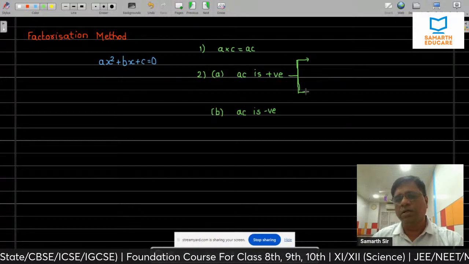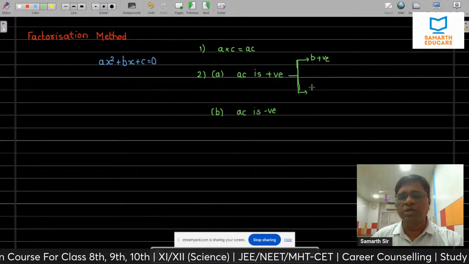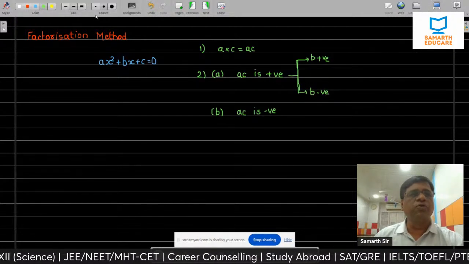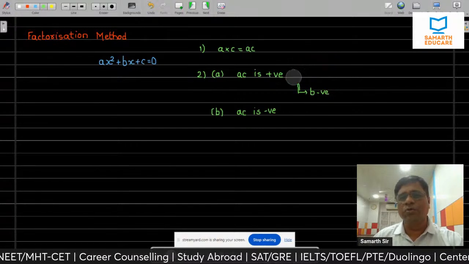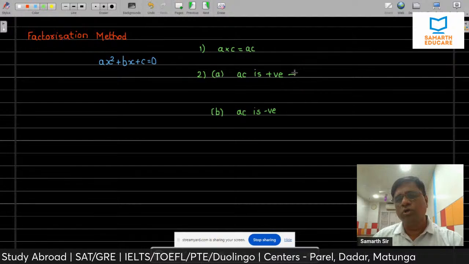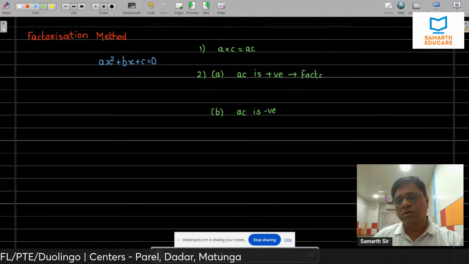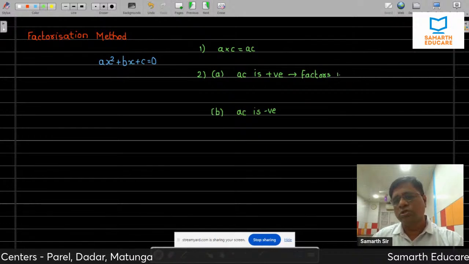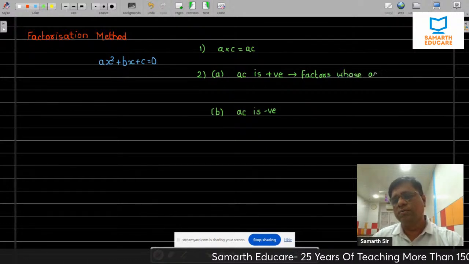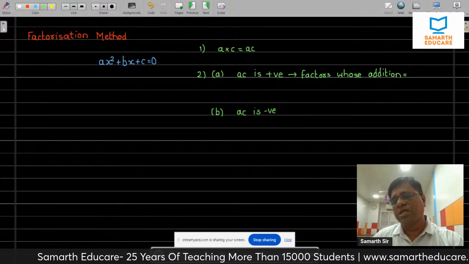then again there are two possibilities, b is positive or b is negative. Actually let us not get into all the details right now. Let me make it very simple. Then what you are going to do is find factors whose addition is equal to b.